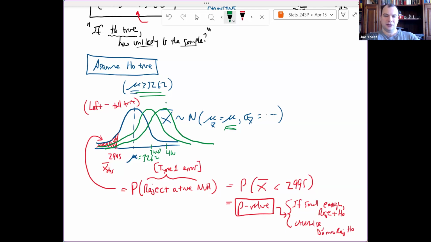Well, what I notice is that the larger mu gets, actually the smaller this left tail gets, right? If I push my mu from 3262 to 3400 or 4000, this area in the tail over here gets smaller and smaller because my mean gets further and further away from my X bar observed. That pushes it further in the tail, that makes the area smaller. So it's easier for me to reject against larger means in this case. So I'm going to choose to test against the mean that's right at that boundary line.